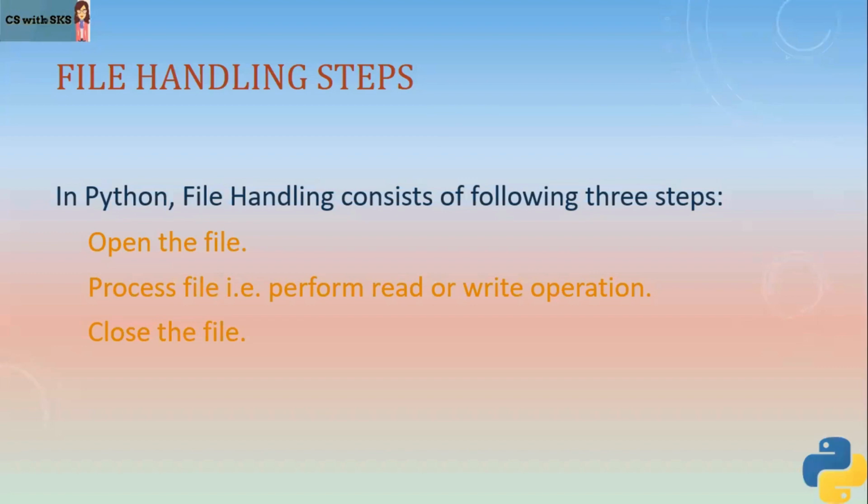So open the file, perform the operations, and then close the file. These are the three basic steps that you need to remember, right? Now let's understand how we open the file and how we close the file. Of course, we'll understand the reading and writing operations when I create specific videos about text files, binary files, and CSV files. In today's video, you'll only understand how to open the file and how to close the file.